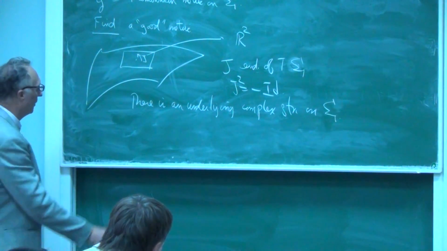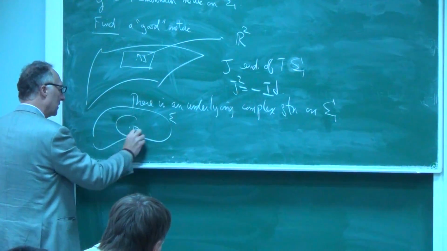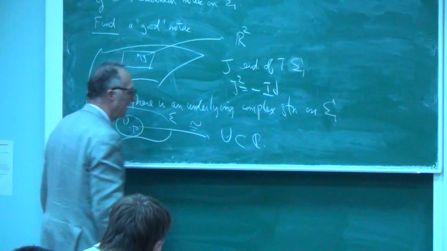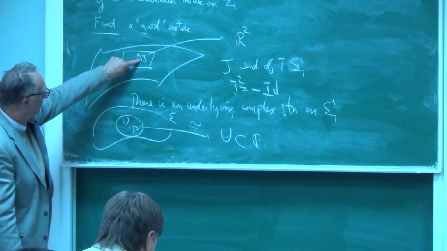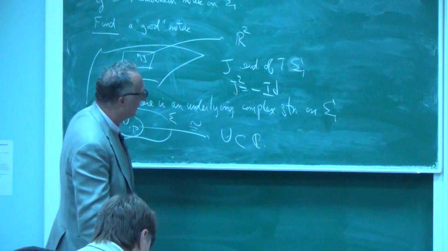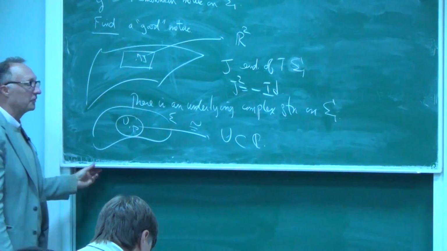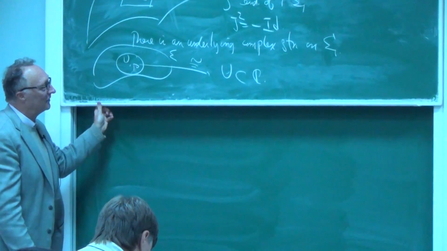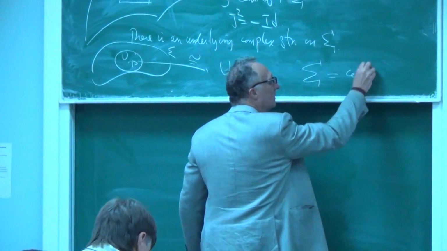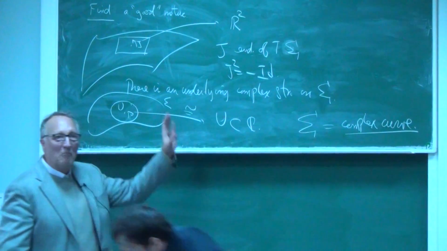That is to say, there are local holomorphic coordinates, so around every point in sigma, there's a neighborhood U and an isomorphism to an open subset in C, so that the almost complex structure restricted to U is given by the usual multiplication on the tangent spaces to C. And then automatically, as you pass from one of these coordinate patches to another, the overlap functions are holomorphic. Okay? So sigma becomes a complex curve, a complex one-dimensional manifold.